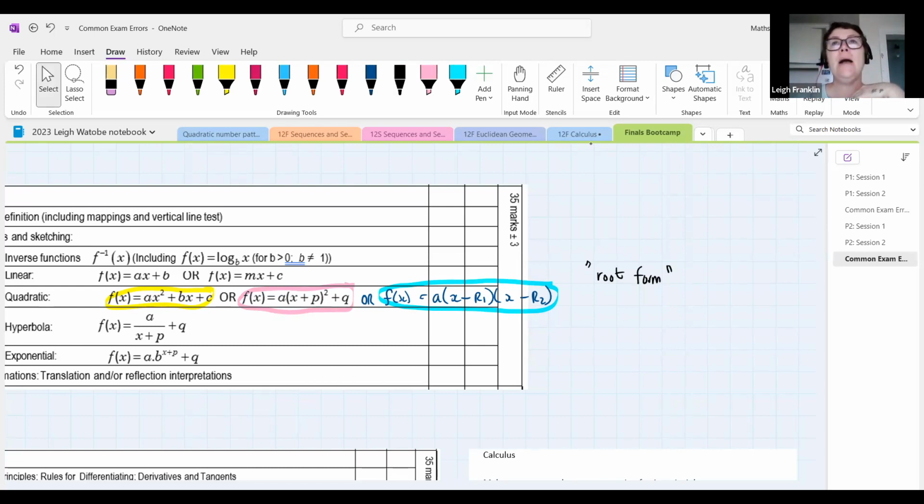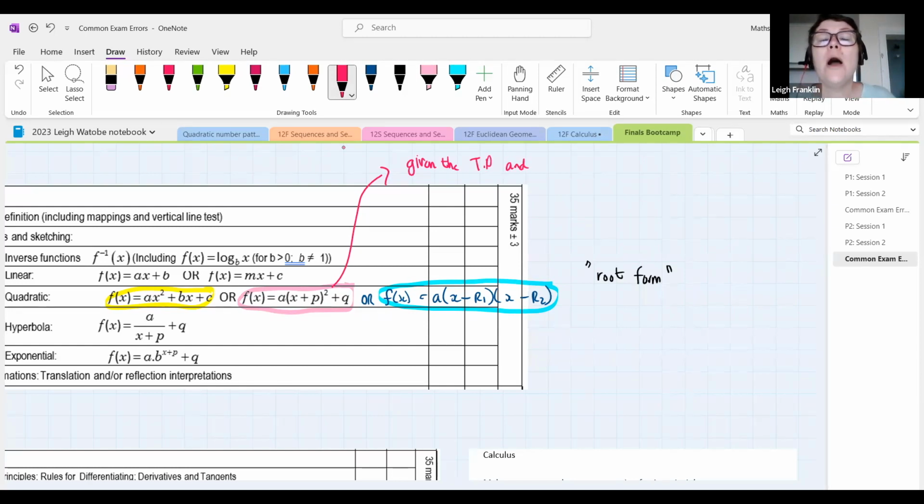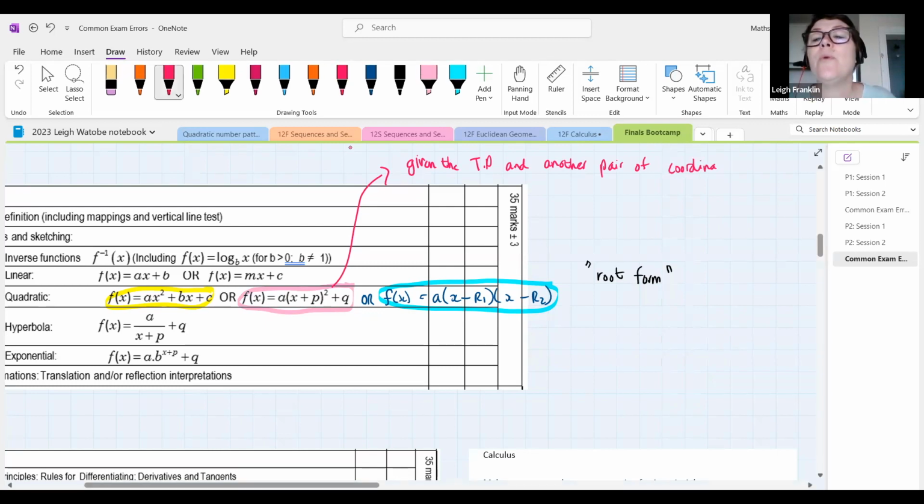Okay. You would use turning point form if you were given the turning point and another pair of coordinates. I'm sorry, what I'm referring to here specifically is if you are trying to find the equation.